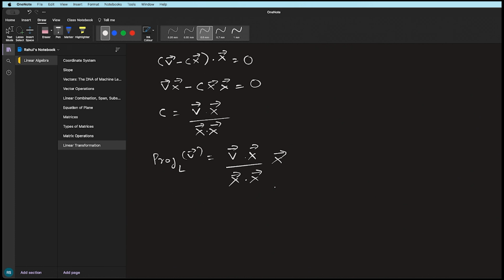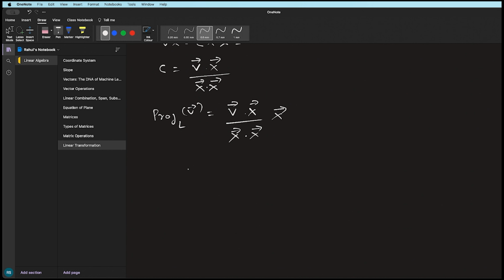Now we know that the value of vector v is 1, 2, and the x and y components of vector x are 2, 1. And the same goes for the denominator.